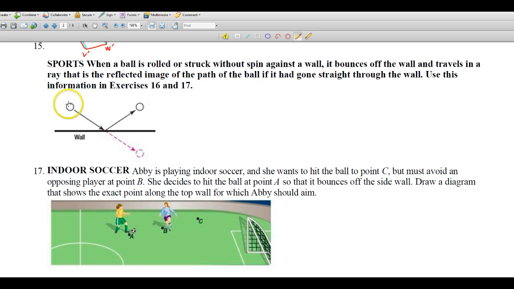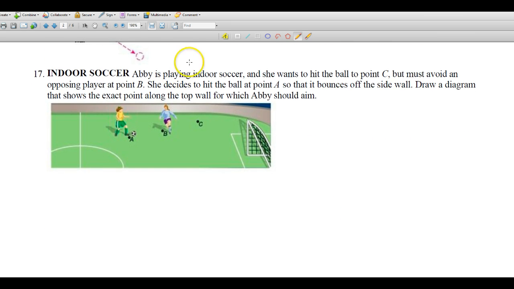So basically, if you want to find out where it would end up, or if you want to end up at a certain point, then draw the reflection through the line, and then you can connect the starting point to that reflection, and by doing so you will find out where to strike the wall in order for it to bounce to the correct position.